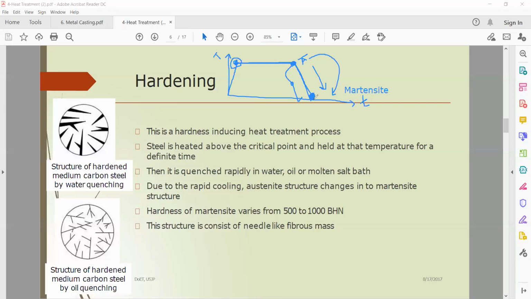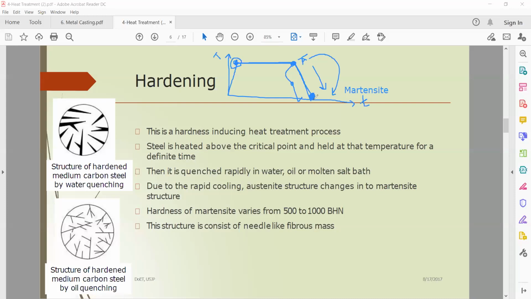Water bath or oil bath or molten salt bath. So this cooling process is done in the water bath, oil bath or molten salt bath. So you are doing rapid cooling here.